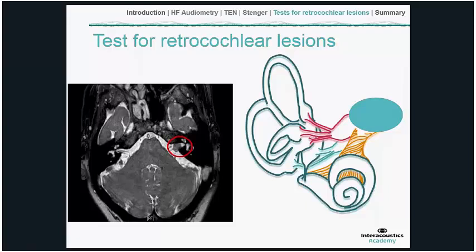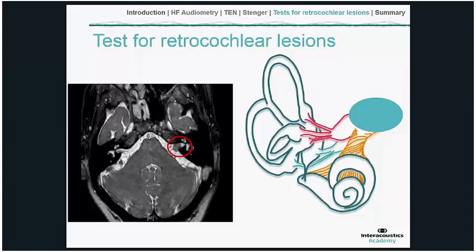And the normal pure tone audiogram can tell us whether or not there is a hearing loss. Of course, it can explain the degree of hearing loss, its severity, and it can differentiate between a conductive hearing loss and a sensory neural hearing loss, but it can't differentiate between a sensory loss, which is said to affect the cochlea itself, so the hair cells that we were talking about earlier, and a retrocochlear loss, such as a space-occupying lesion, as we're showing here.